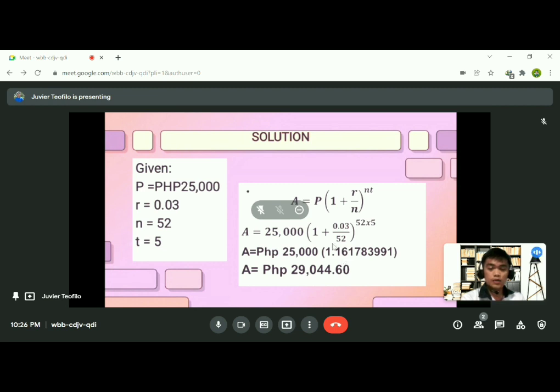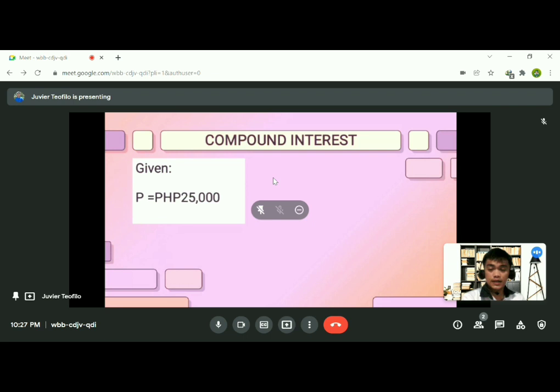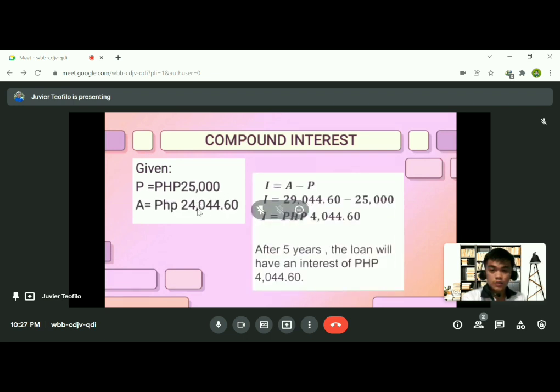Then we are going to find also the compound interest of this. So here is the given 25,000. The accumulated value is 29,044 pesos 0.60 centavos.